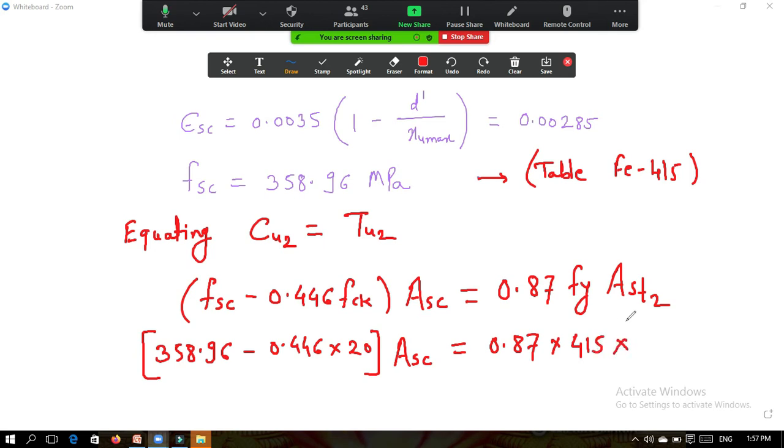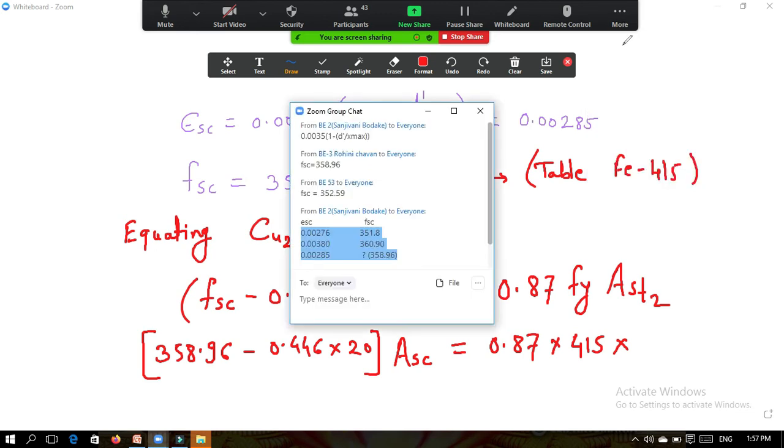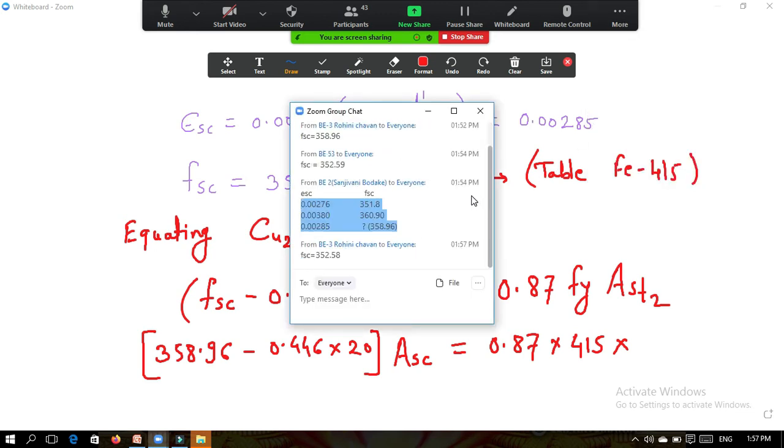And what was the value of AST2, which we have calculated earlier? So FSC is 352.58.